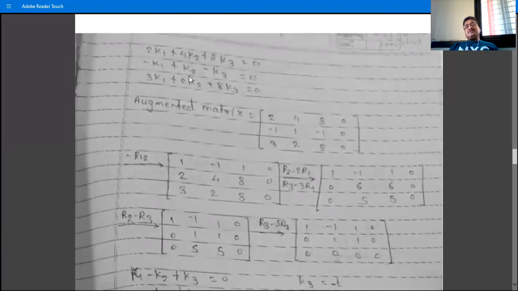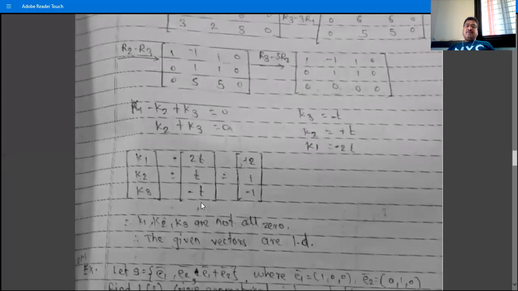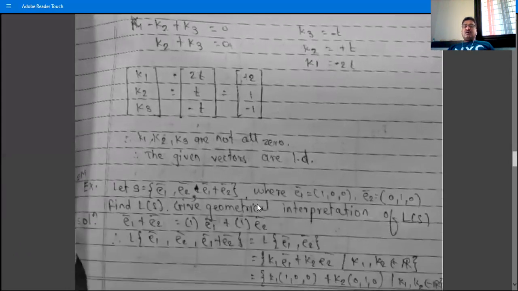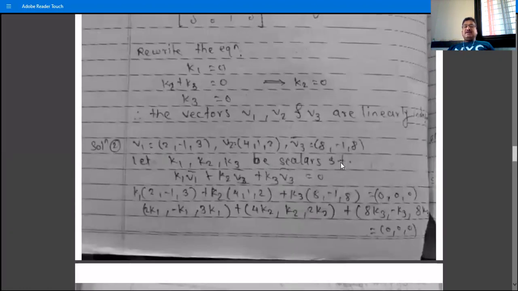But instead of this, the system also has non-zero solutions. If we take T as 1 or 2 or 3, we get non-zero solutions. Therefore, K1, K2, K3 are not all 0, and therefore the given vectors are linearly dependent.